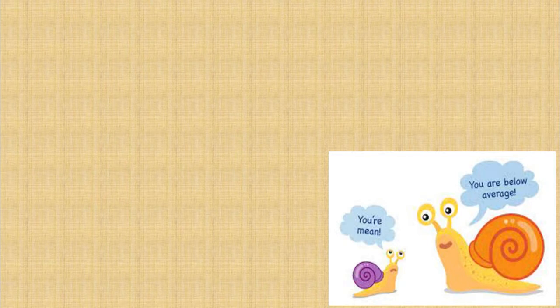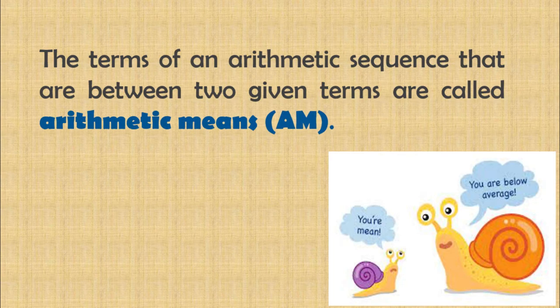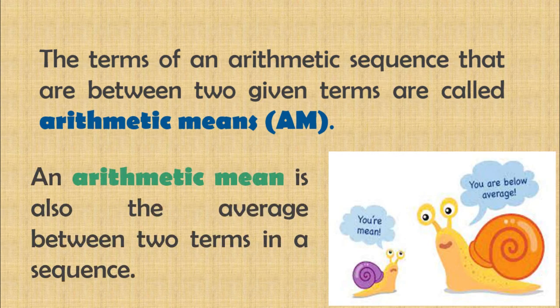Now, what are these arithmetic means? The terms of an arithmetic sequence that are between two given terms are called arithmetic means. So, an arithmetic mean is also the average between two terms in a sequence.